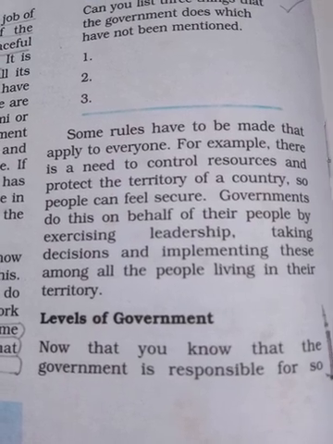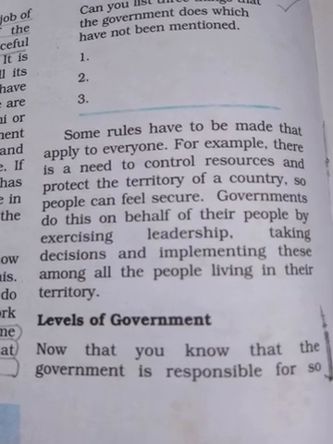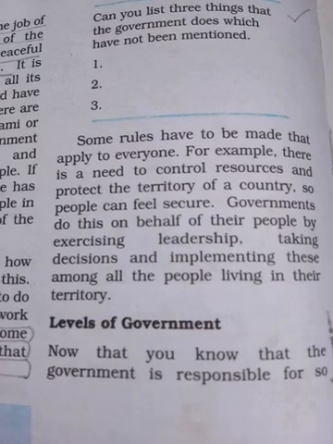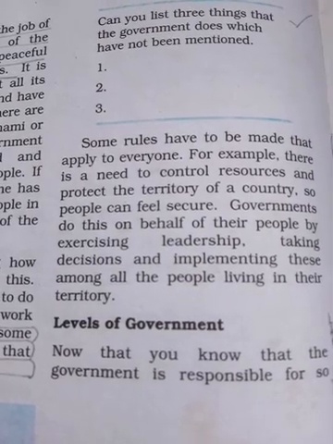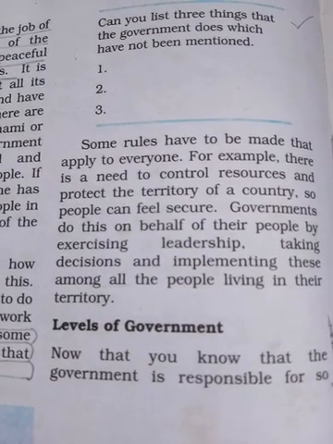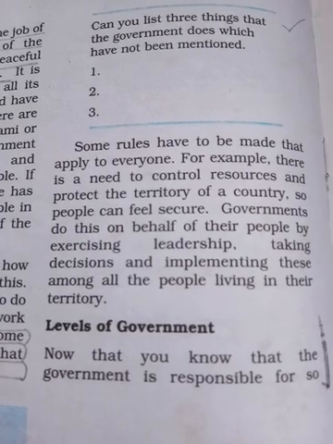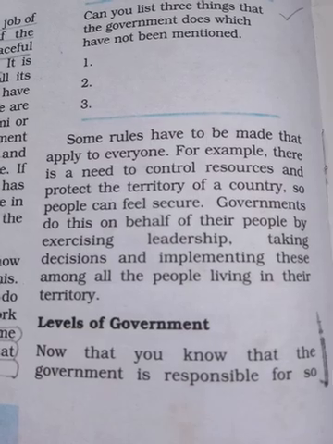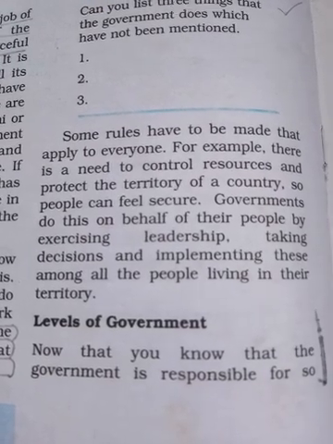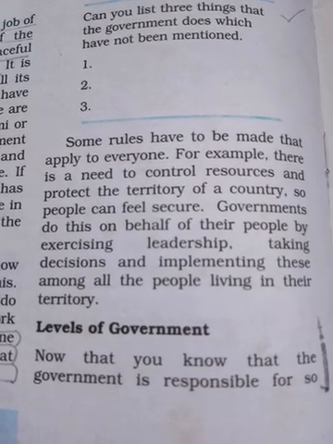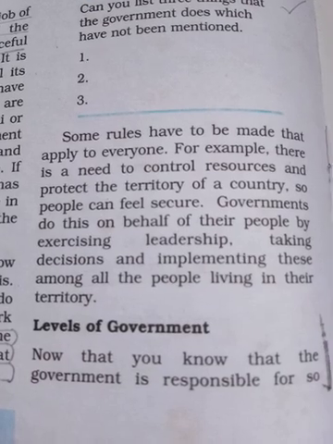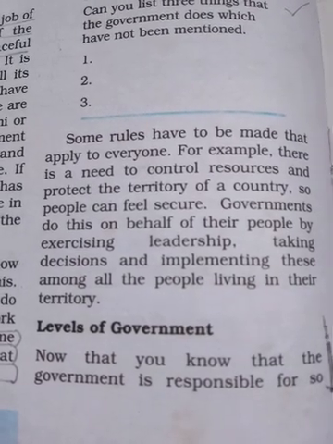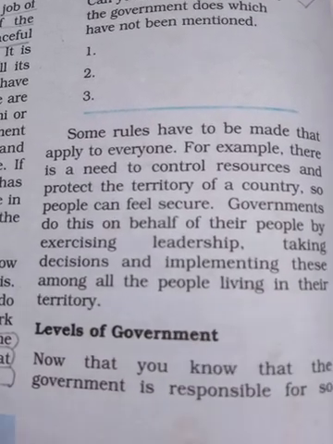The government looks at all things, even all the resources, so they are controlled properly. If all the resources are controlled by some people, some group or organization, they are going to make a profit. But if all the resources are controlled by the government, the government is going to provide to all the people.